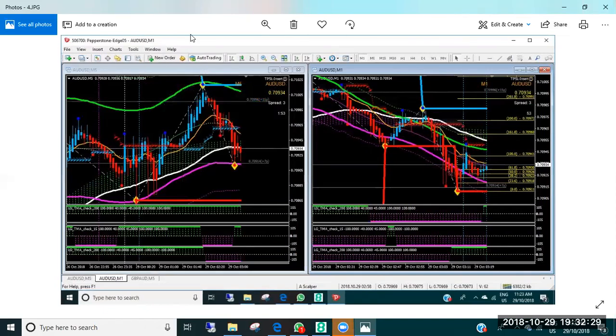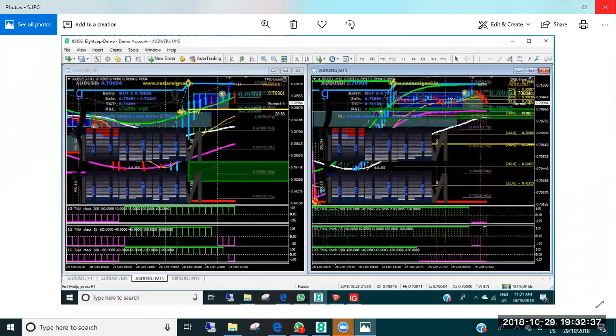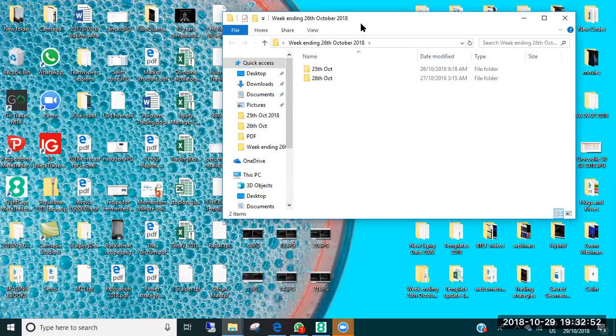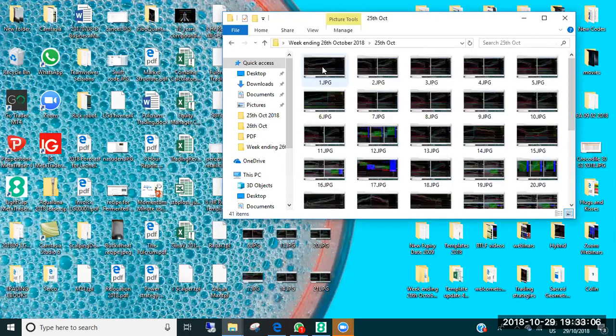Now, top left-hand corner, you can just see it says 4, 5, and 6. I just number them from the start of the session, 1, 2, 3, 4, 5, all the way until I finish. And what I do is put it in a folder for the day.